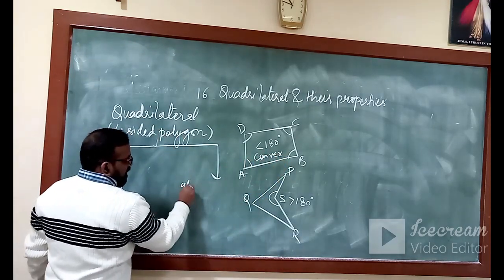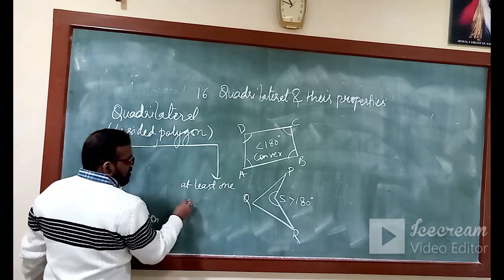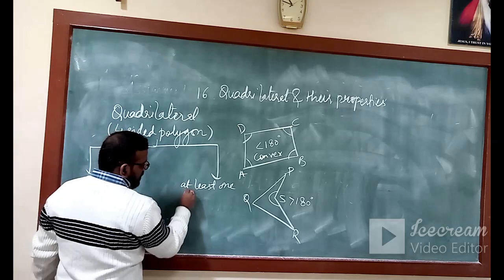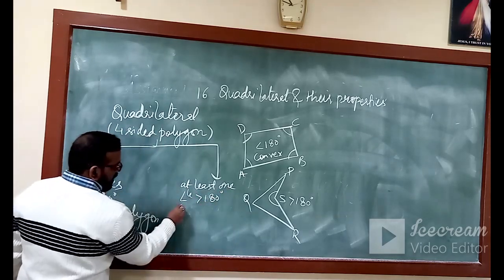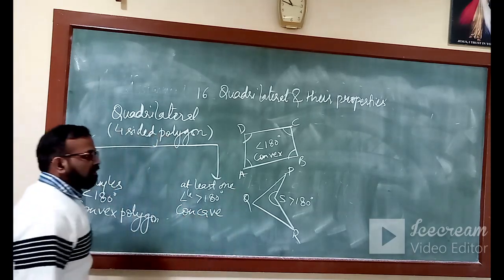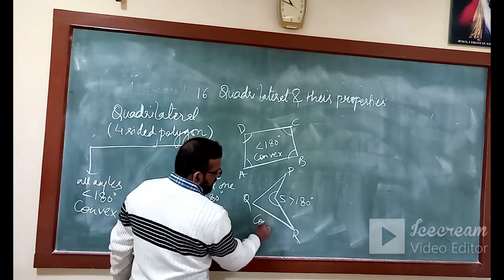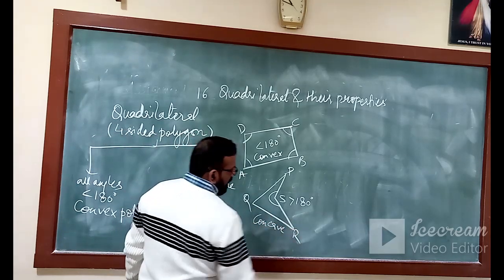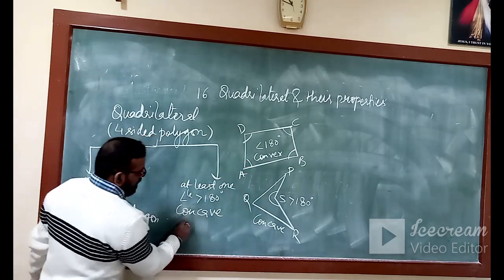And if at least one angle is more than 180 degree, then it is known as a concave polygon. So this is the concave quadrilateral and this is the convex quadrilateral.